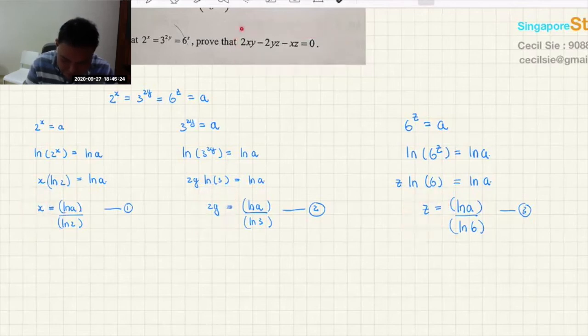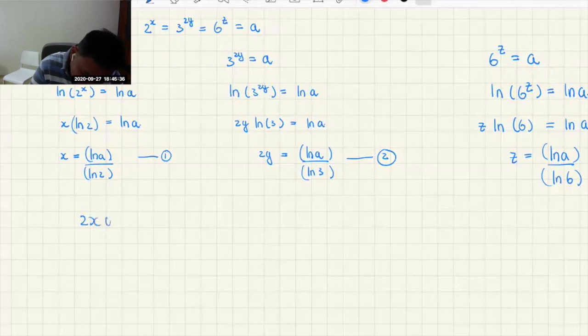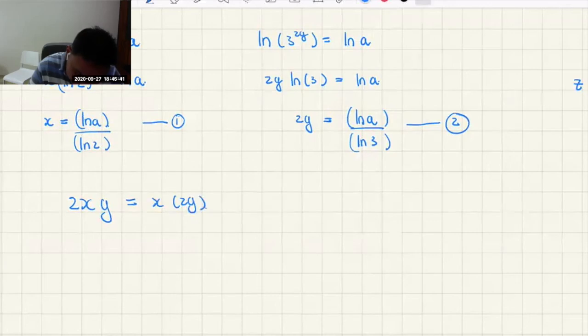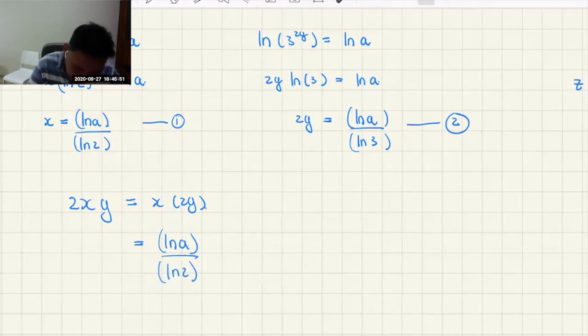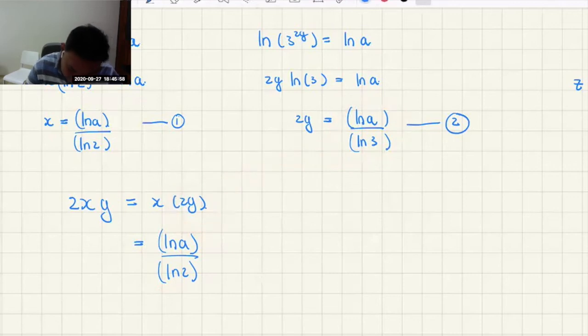Now we see this 2xy, 2yz, and xz. We try to get the expression for them. 2xy is equal to x times 2y, which is ln a over ln 2, from here, and this thing we put inside here, ln a over ln 3.